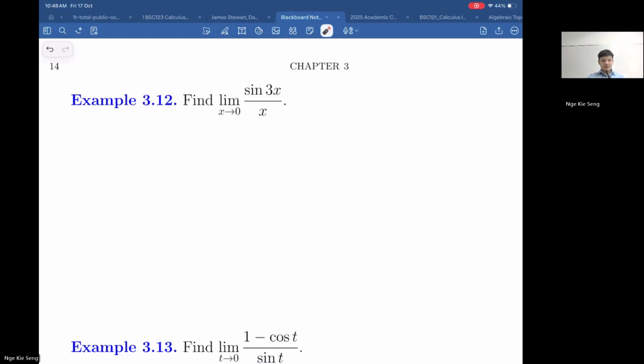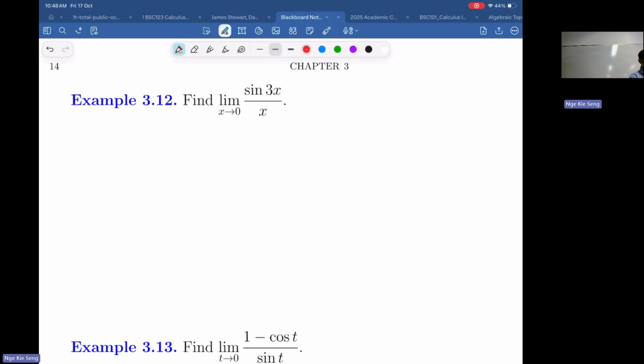Let's finish three examples and then we can take a break. So what to do? The question says you need to have the same theta. Now one is 3x, one is x. Can you do anything to make them the same? If you're going to use the formula, you should have the same theta.